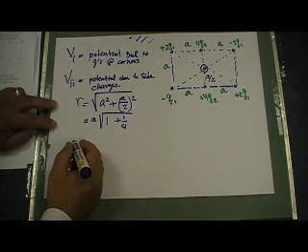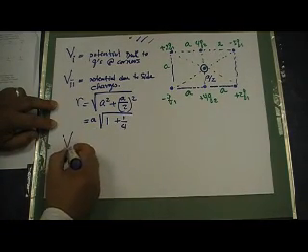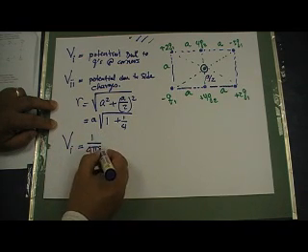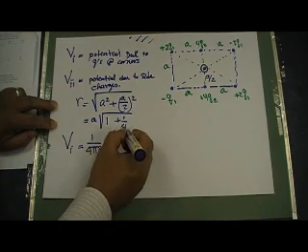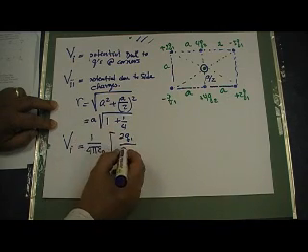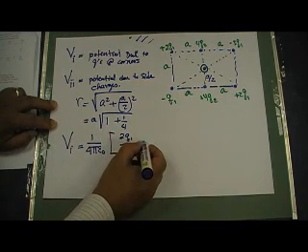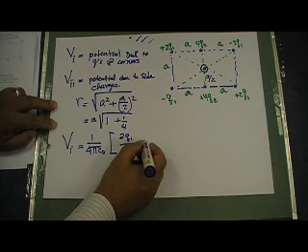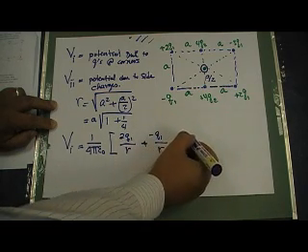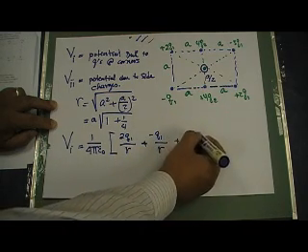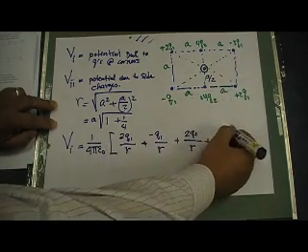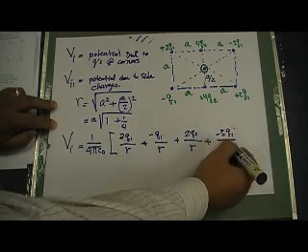Once I do that, the potential due to the charges at the corner, V1, is equal to, of course, K, 1 over 4 pi epsilon, times 2Q1 divided by R, plus minus Q1 divided by the same distance, plus 2Q1 divided by the same distance, plus minus 3Q1 divided by the same distance.